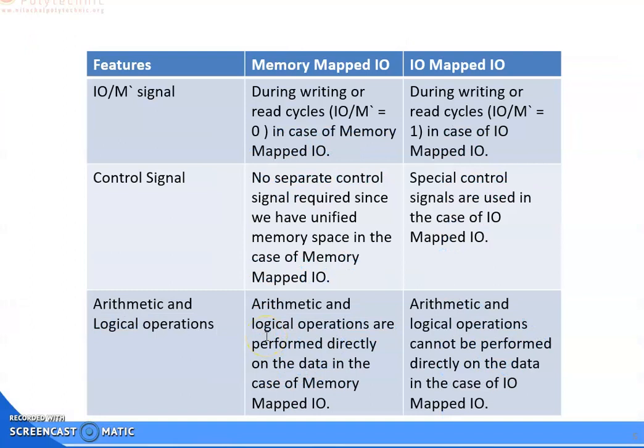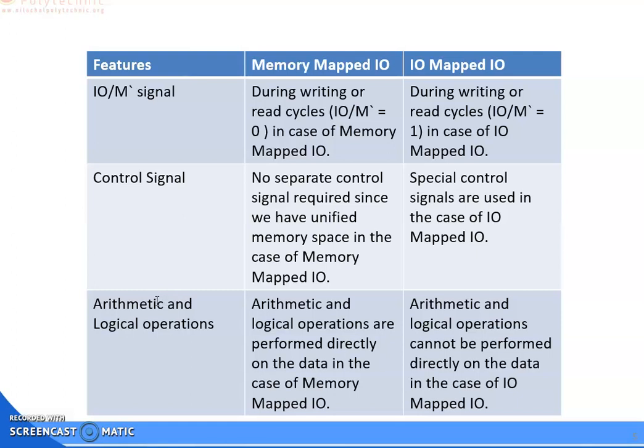Next, in terms of the IO/M bar signal, during a write or read cycle, IO/M bar equals 0 in case of memory mapped IO, and during write or read cycles, IO/M bar equals 1 in case of IO mapped IO.